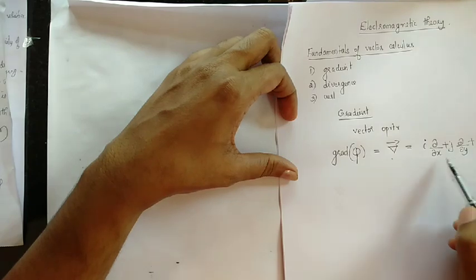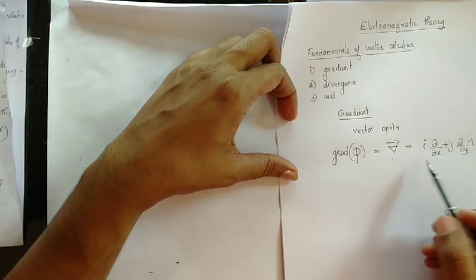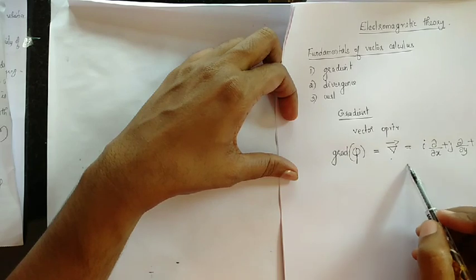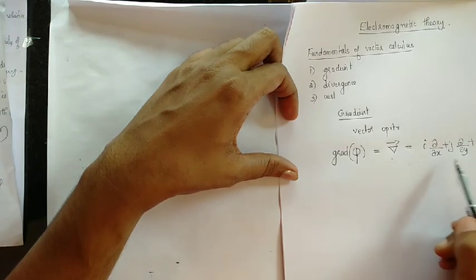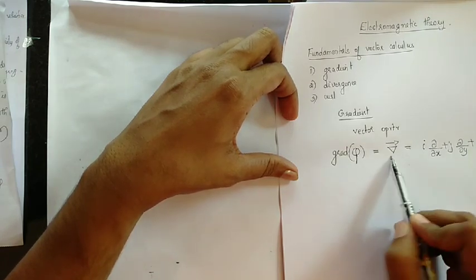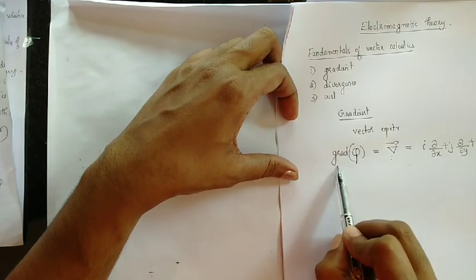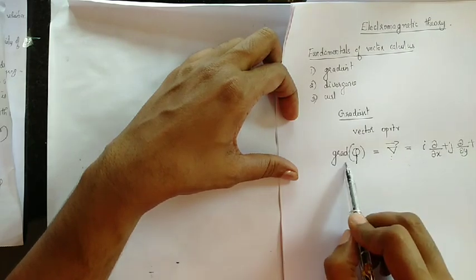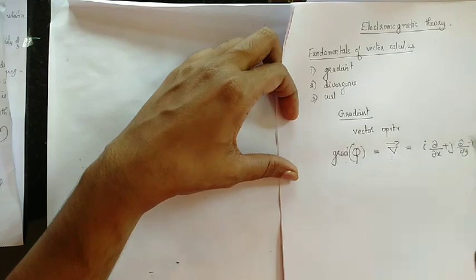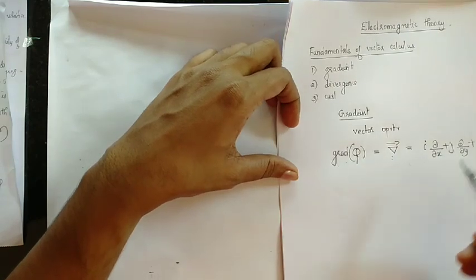As such, del has no physical significance, but it acquires significance only when it acts on a vector or a scalar function. When del acts on a scalar function, it is known as a gradient, and as a result of taking the gradient, you will get a vector quantity.